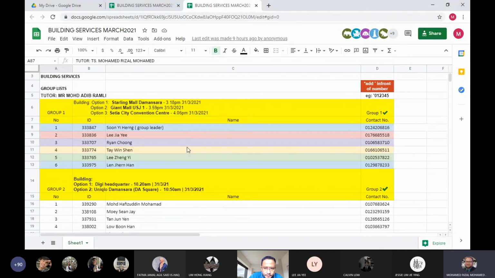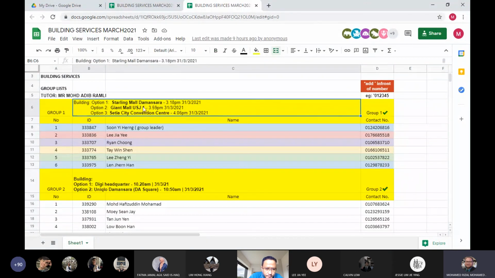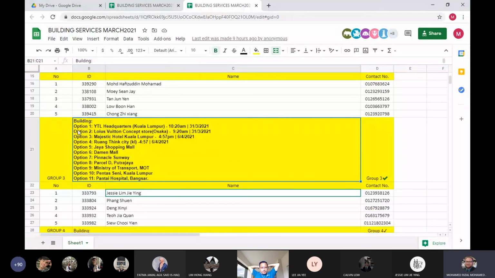And one more thing. The building list goes until 11. Give some to your friends. You are not doing more than one, just one building.